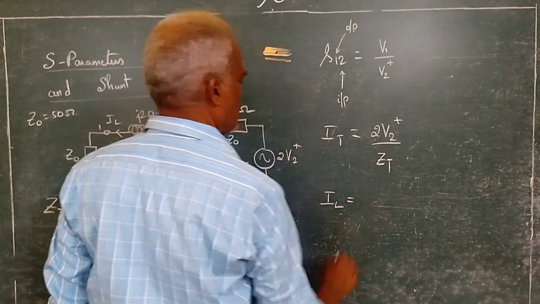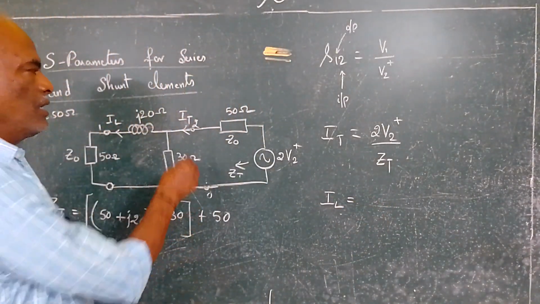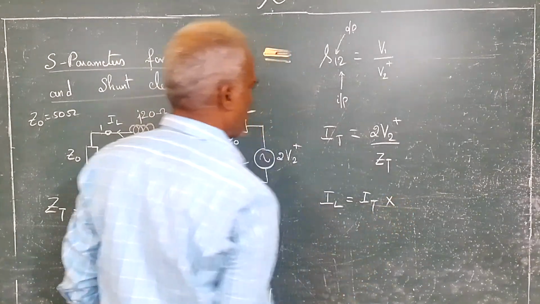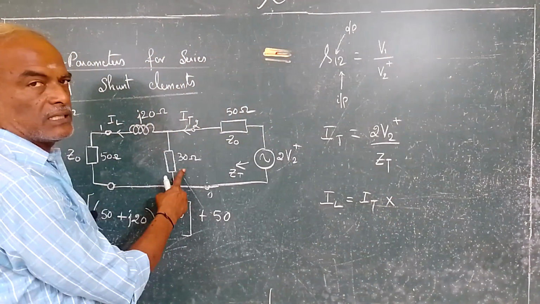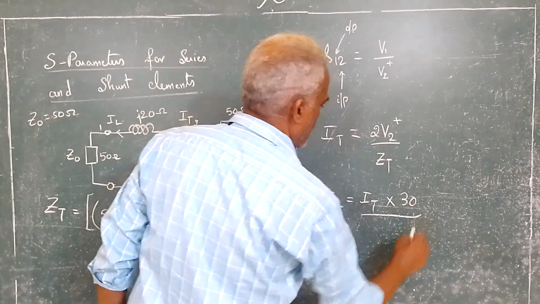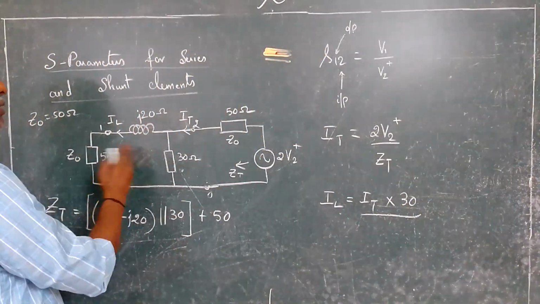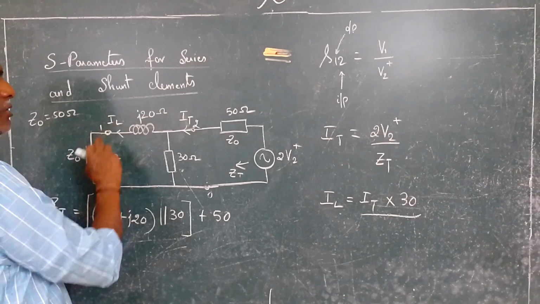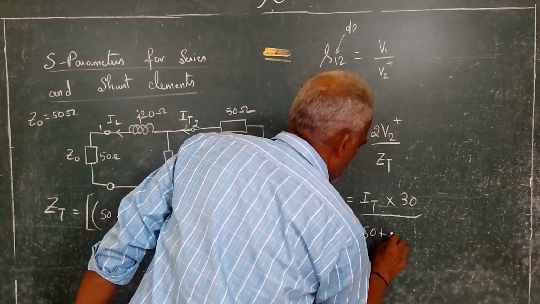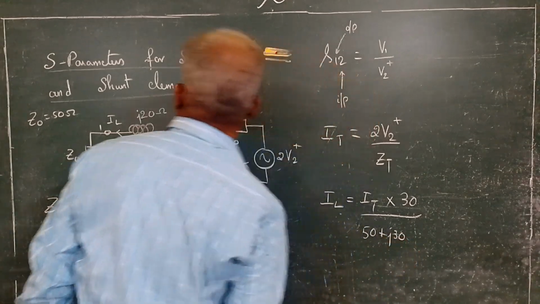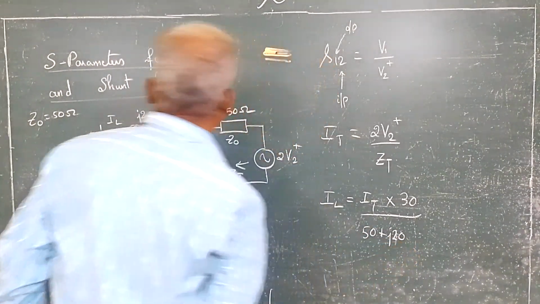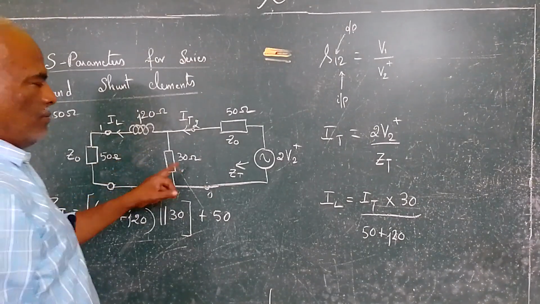IL is equal to the incoming current, that is IT, multiplied by the other resistance, 30 ohms, divided by the sum of these two impedances, that is 50 plus J20 plus 30.